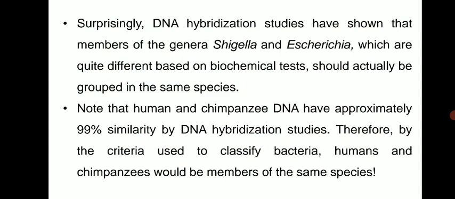But if you use this technique, they are actually a group of the same species. If you compare these two, Shigella and Escherichia coli, by means of biochemical tests, you will find them to be different species, but actually if you use this hybridization principle, they are found to be members of the same species.